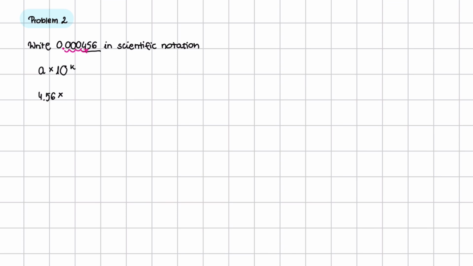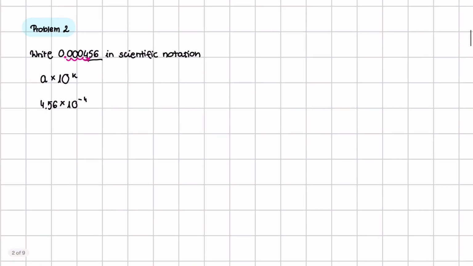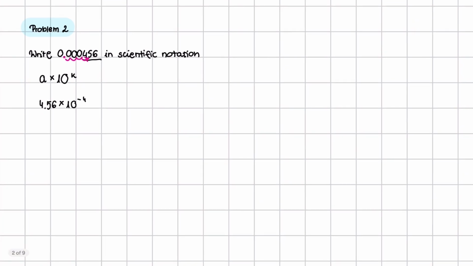So we have to move 4 times in the right direction. So 10 to the power of minus 4. If it was a very big number, we should move to the left. So this is our final answer.